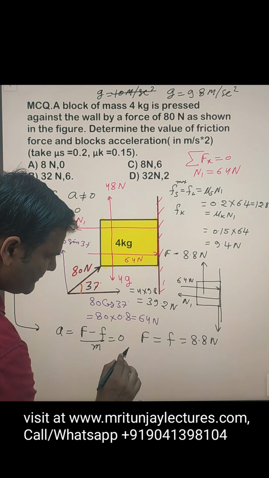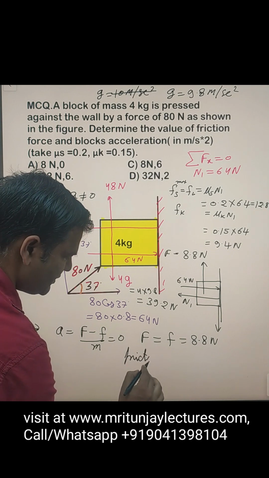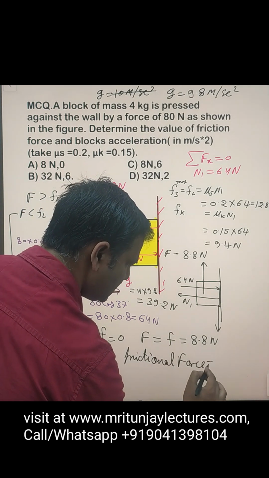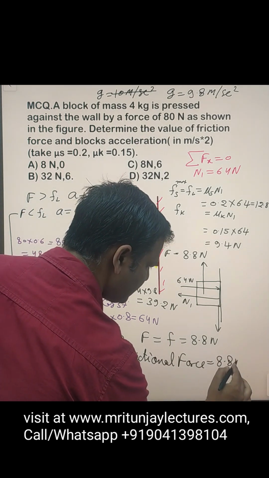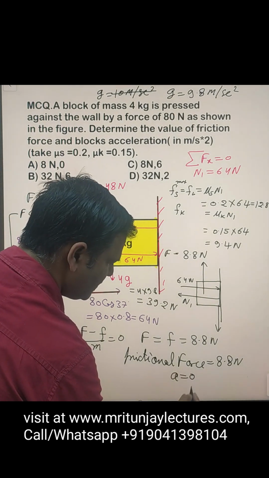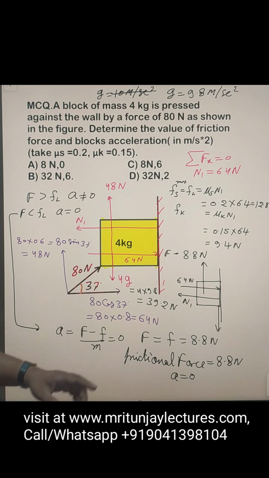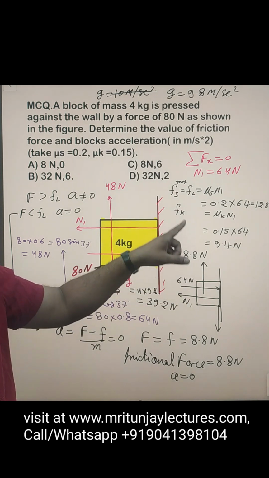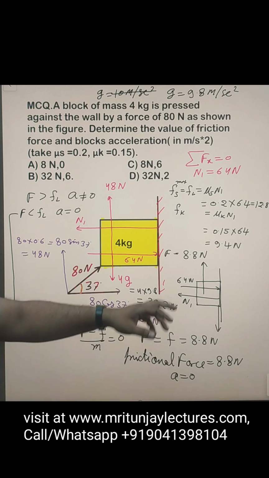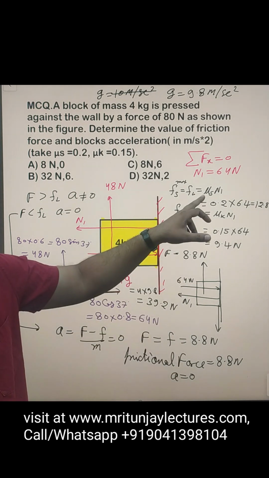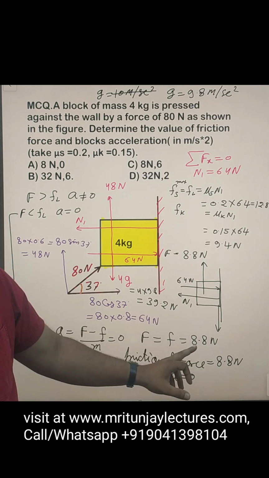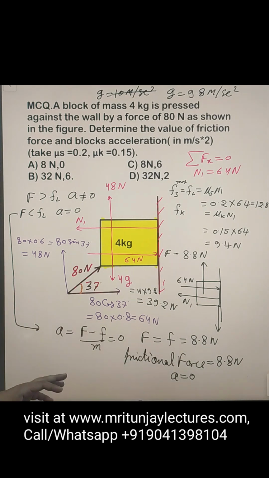So the frictional force is 8.8 Newton, and the acceleration of the block is 0. Why is this block not moving? Because the applied force is not greater than the limiting value. Here the limiting frictional value is greater than the applied force of 8.8, so this block is not moving.